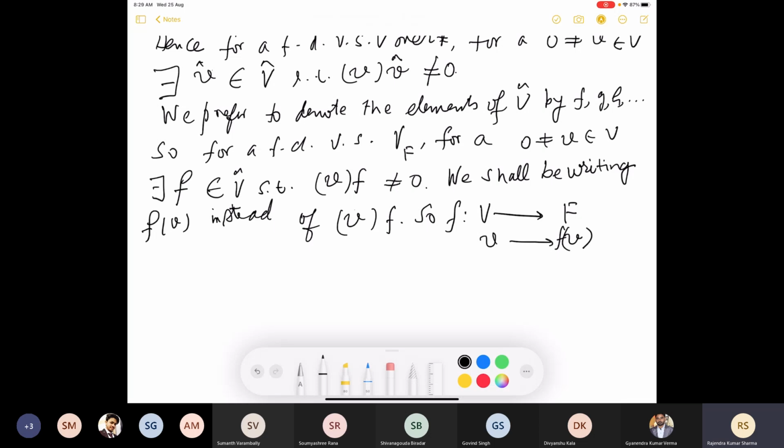So this element defines a functional here.